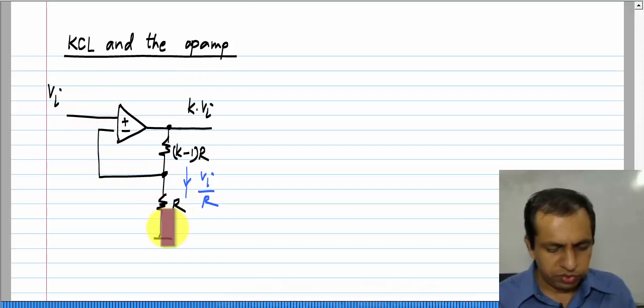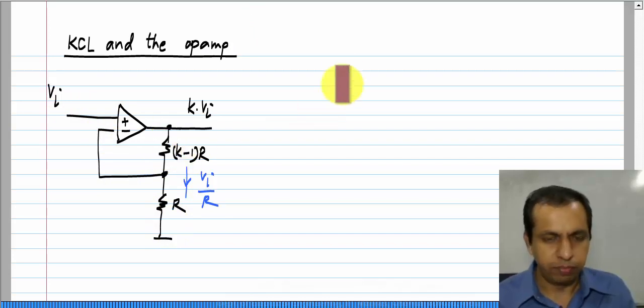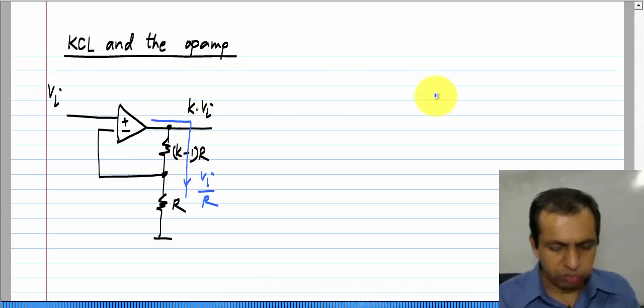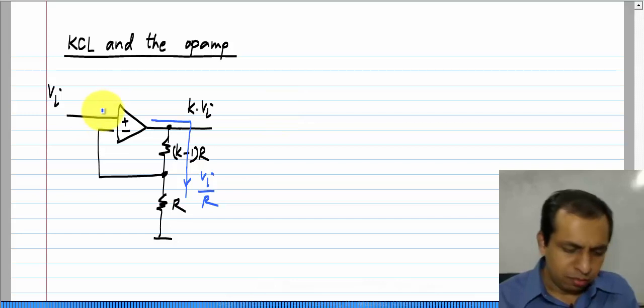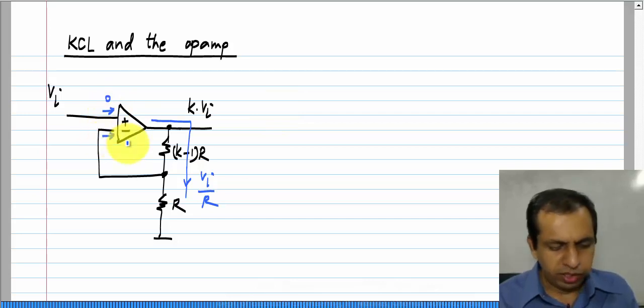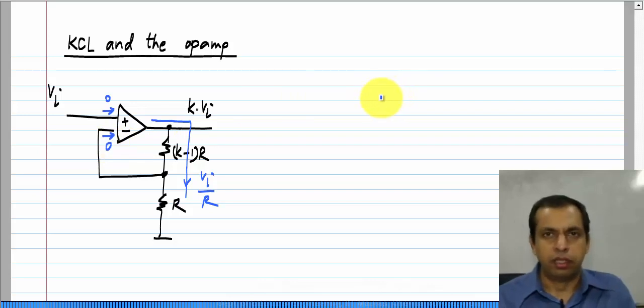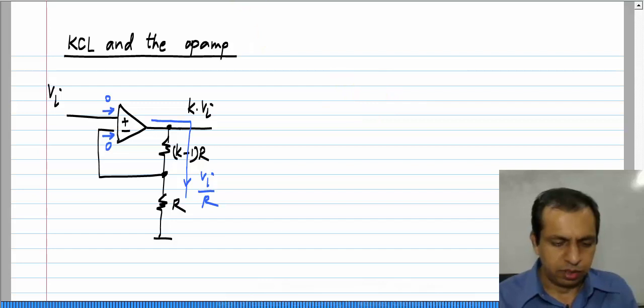So, the current through this is Vi by R, which also flows through that resistor. Okay. Now, obviously, this current comes out of the op amp, but the input of the op amp, both the inverting and non-inverting, draws 0 current. Okay. The op amp draws no input current at all.